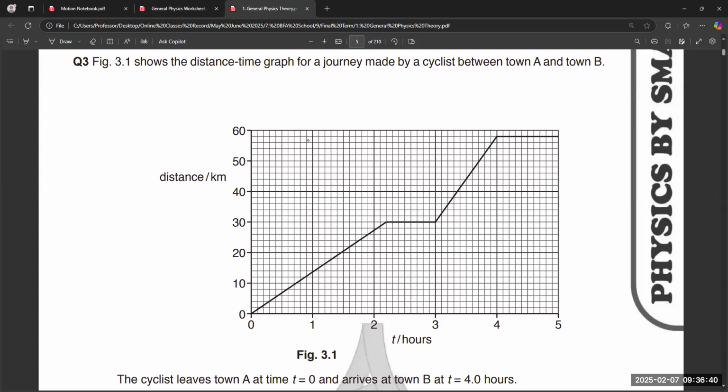Okay, for example, starting from question number 3. In this question number 3, it shows a distance time graph.